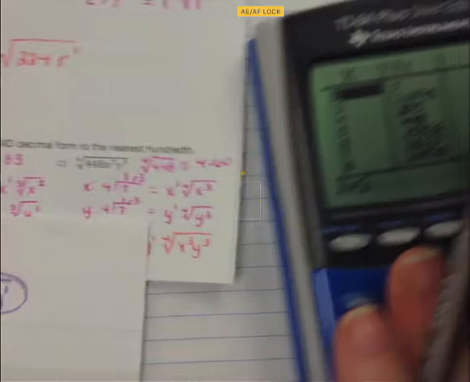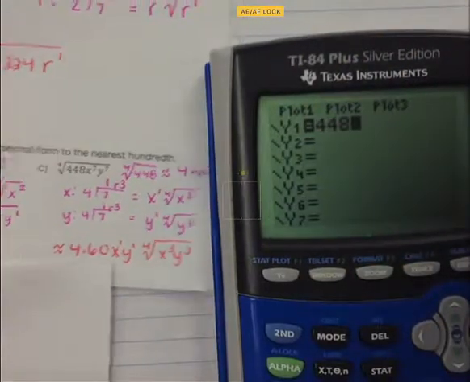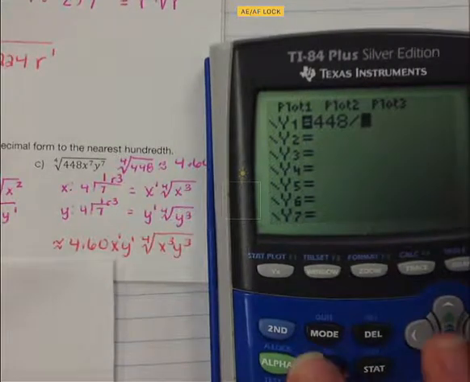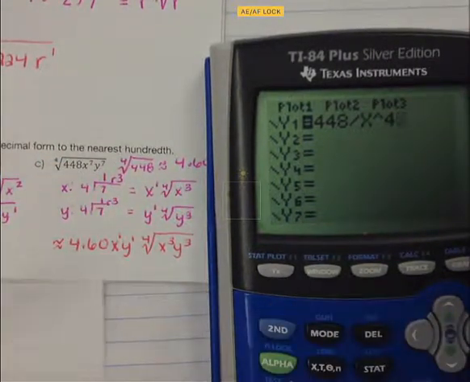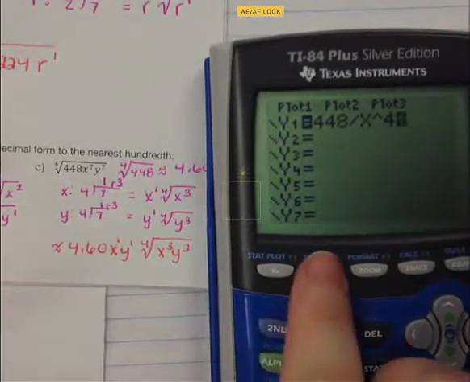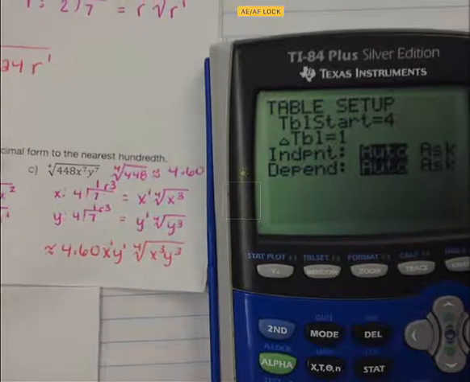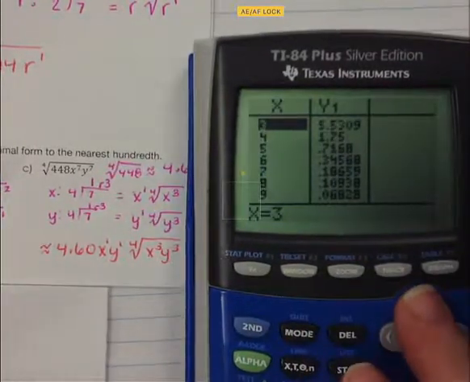And so on part C, if I did the same thing, this time I would do 448 divided by x raised to the index, which is 4, so it would be to the 4th. I still have my decimal value down here, so I know my starting value is going to be 4. Second window, I change that to a 4. And then I look at my table. I find my first whole numbers.